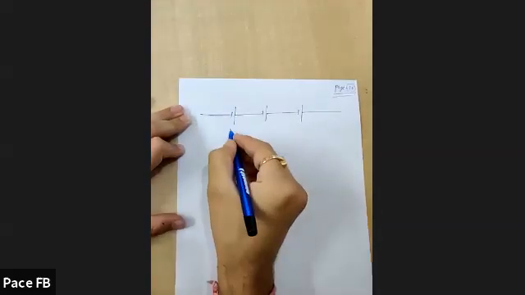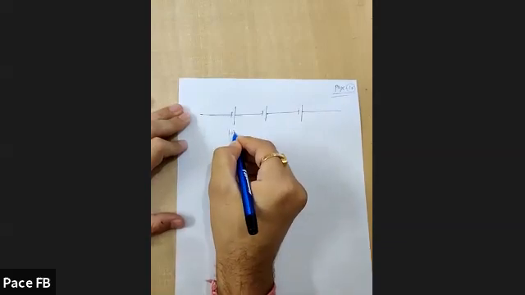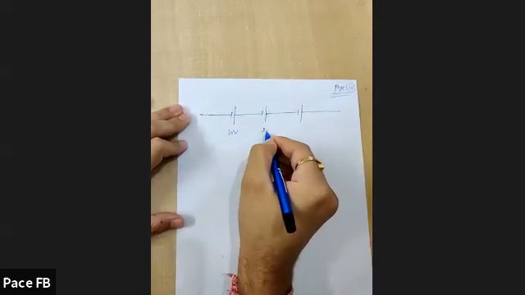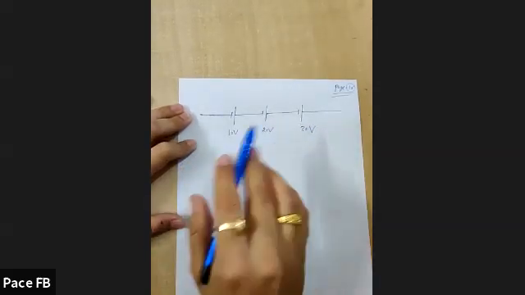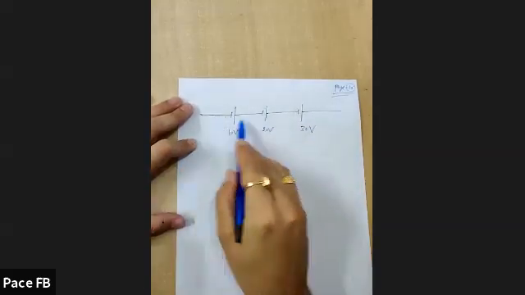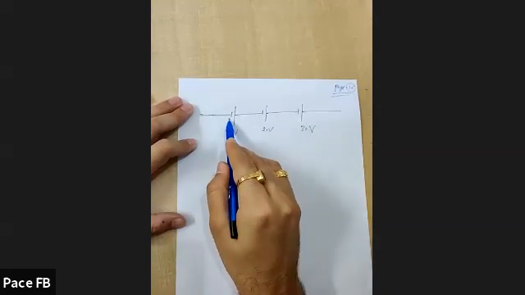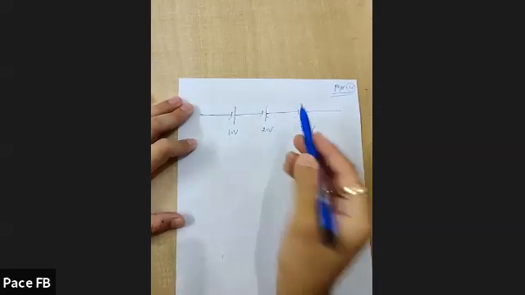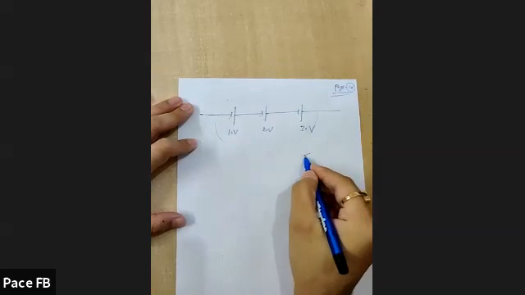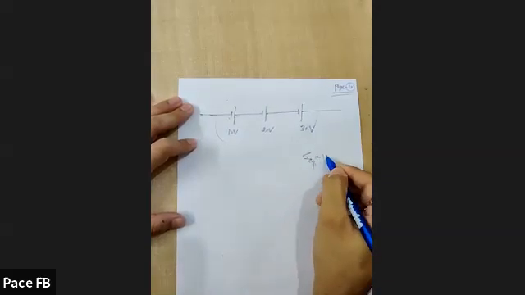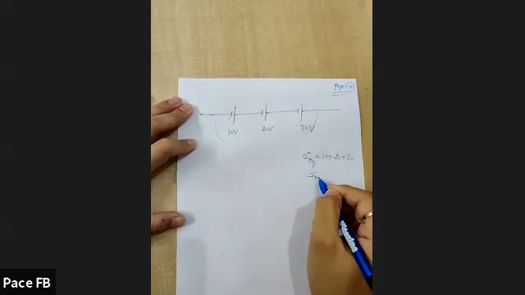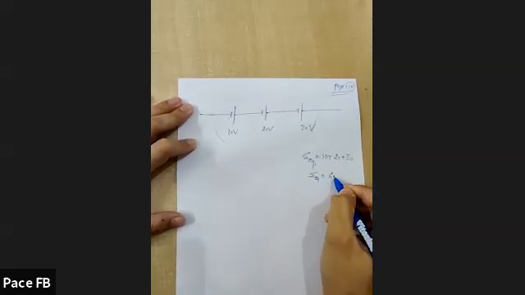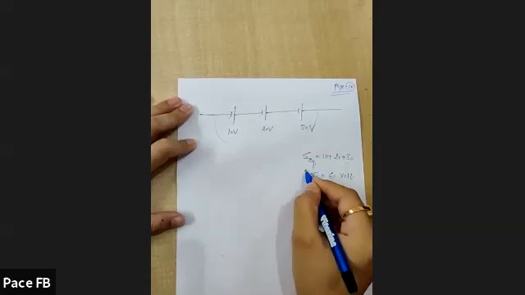Let's say there are 3 batteries. This one is 10 volt, this one is 20 volt, and this one is 30 volt. So when alternate signs are connected, like negative positive, negative positive, negative positive, then I know what would be the equivalent EMF. The equivalent EMF would be simply 10 plus 20 plus 30, which comes out to be 60 volt.